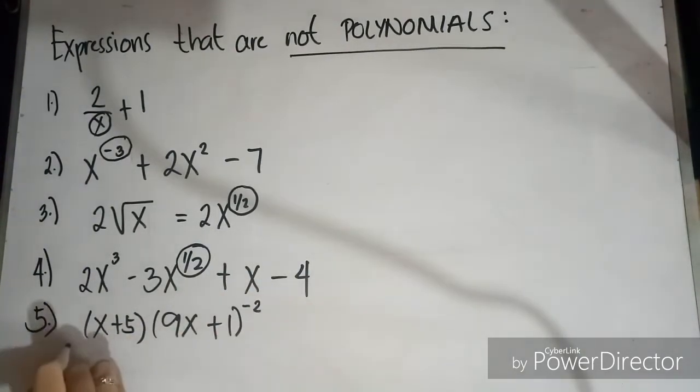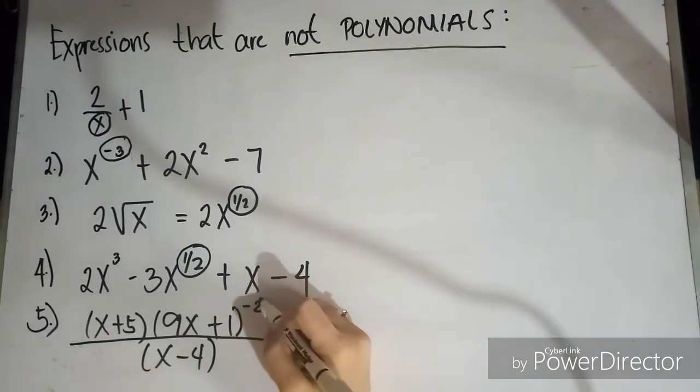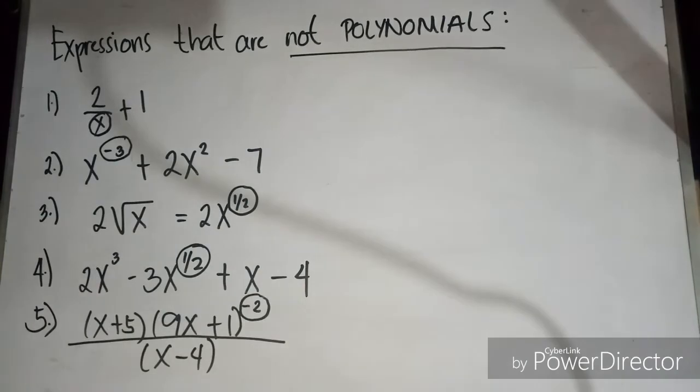All of this will be divided by x minus 4. Why do you think that this is not a polynomial expression? Correct. Because there is a negative exponent and there is a variable in the denominator.